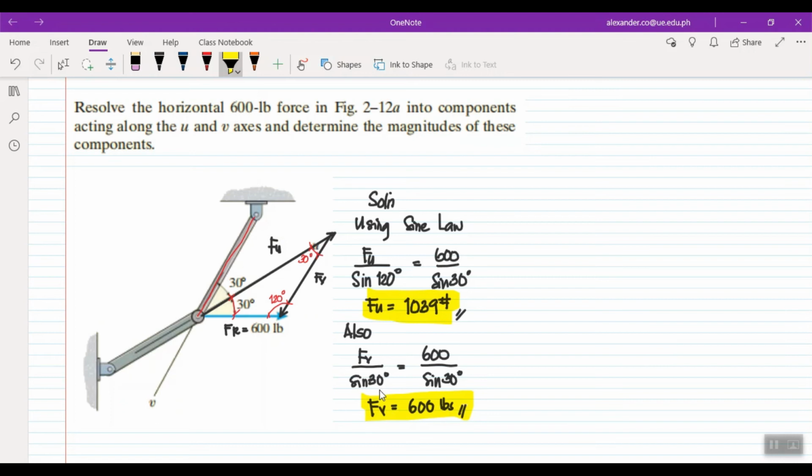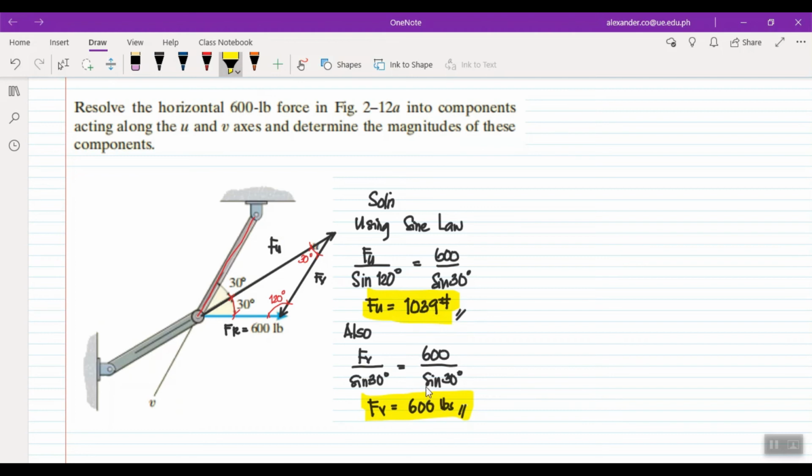May napansin ba kayo? Actually, ako meron. Yung resultant, tingnan nyo, 600, no? Di ba parang sinabi ko sa A plus B will be equal to C. So, kung titignan mo, Fu plus Fb is equal to Fr. Pero yung Fu, 1,039, Fb, 600.